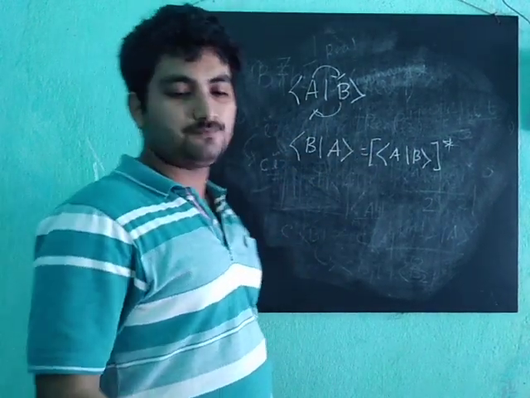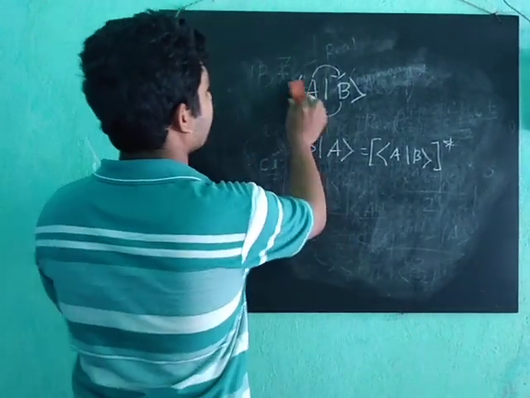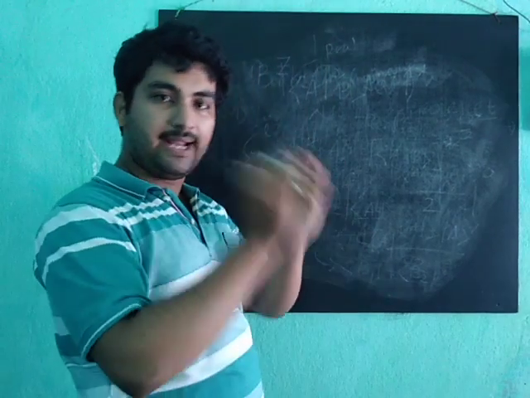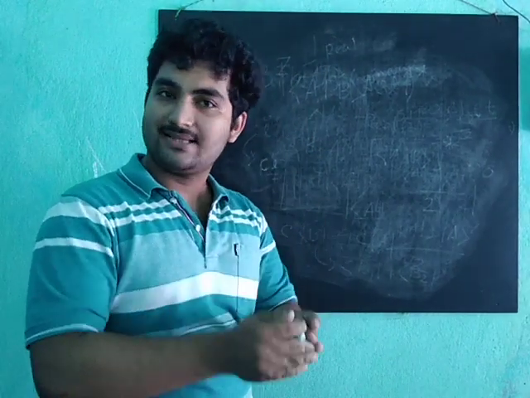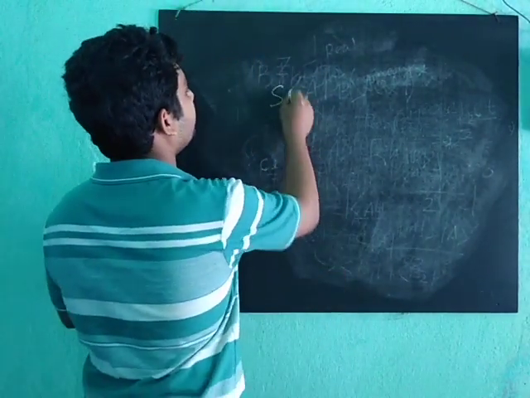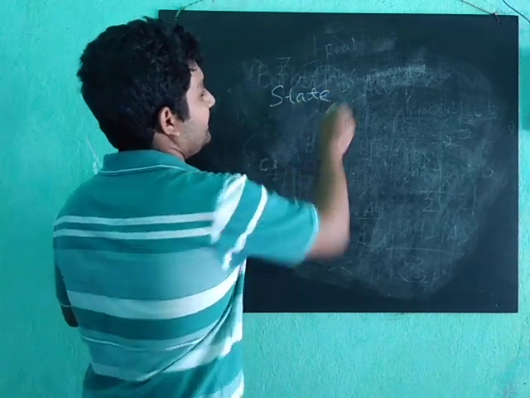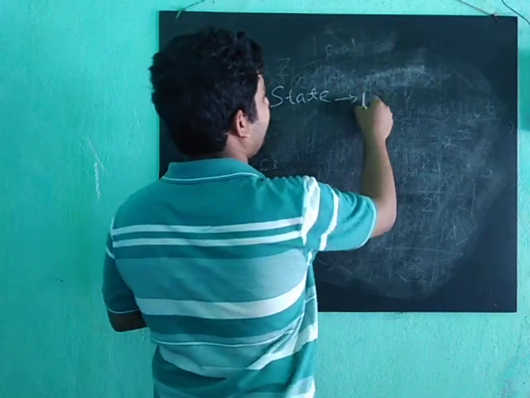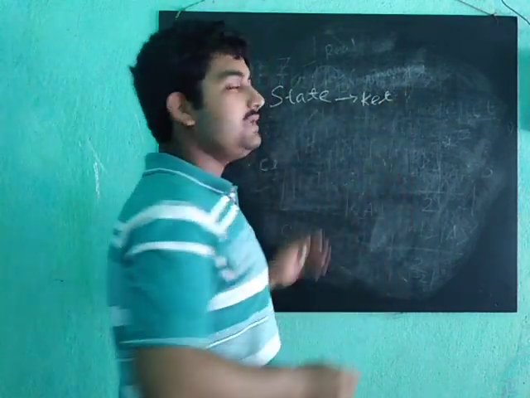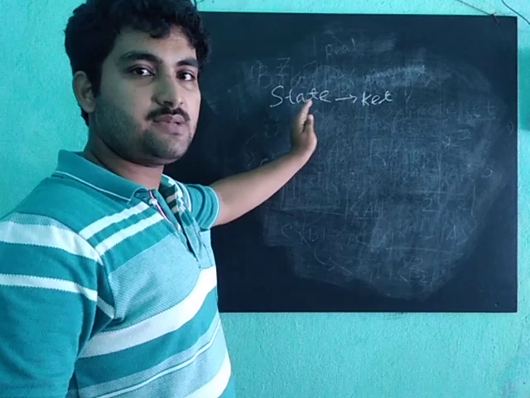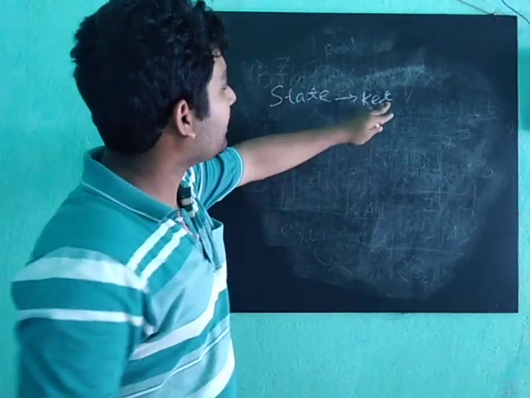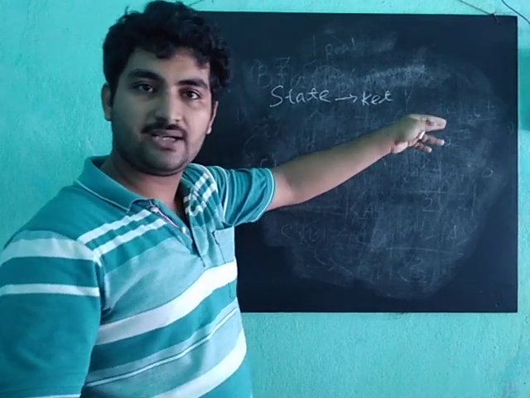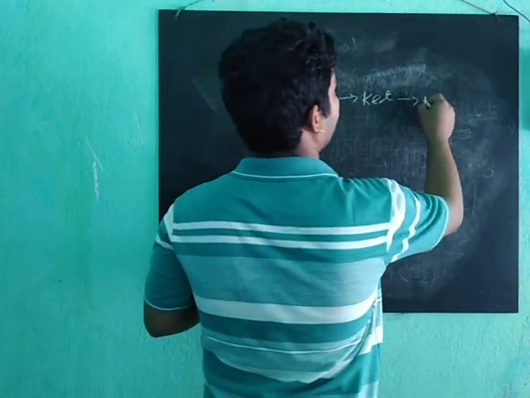Now, we have a ket vector which represents the state. The state of the system is represented by a ket vector, and a ket vector has a bra vector which is the complex conjugate of that ket vector.